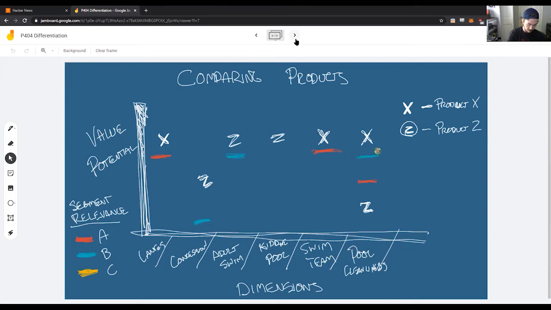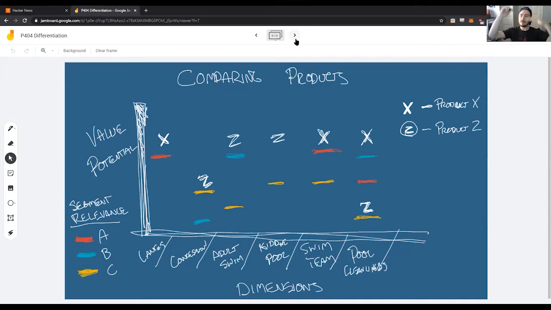And then we'll go to the family, which is going to be segment C here with this yellow color. And what is relevant to them, right? So you kind of created this threshold of where they are and where things are good enough. And that's where the line is here for each of these segments.